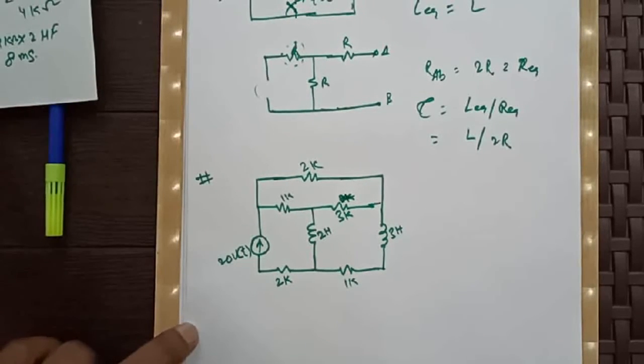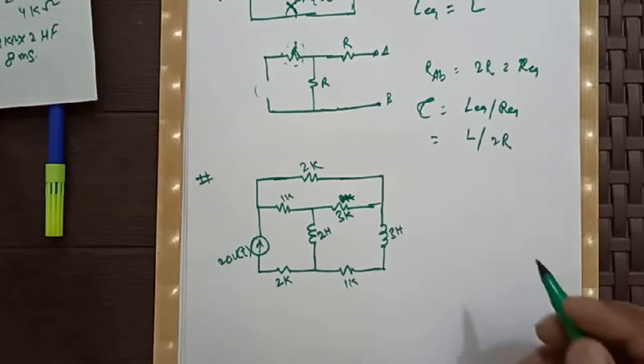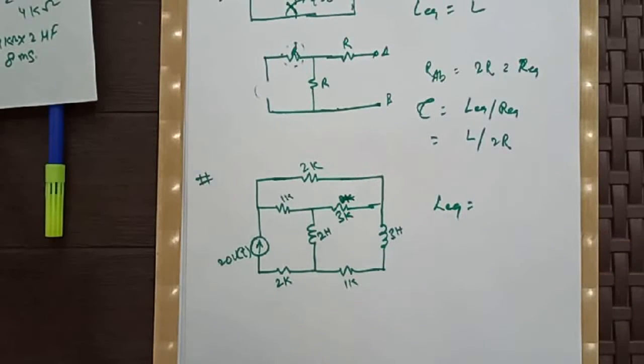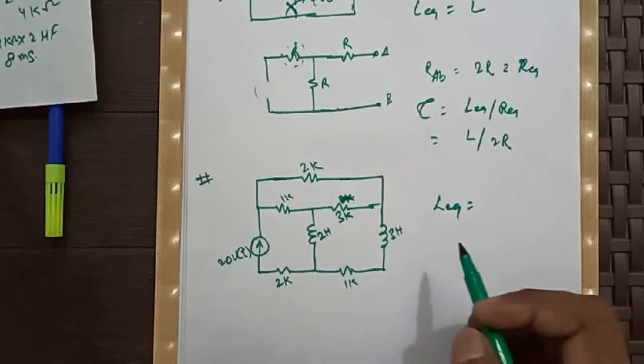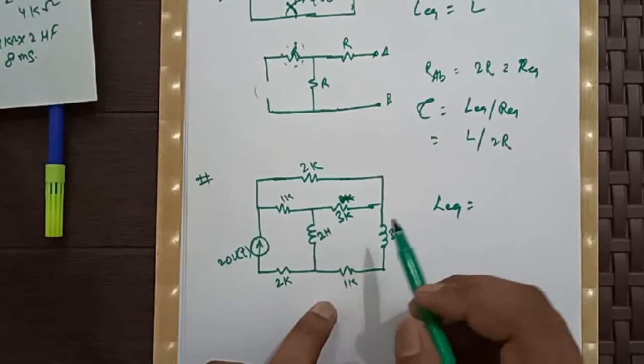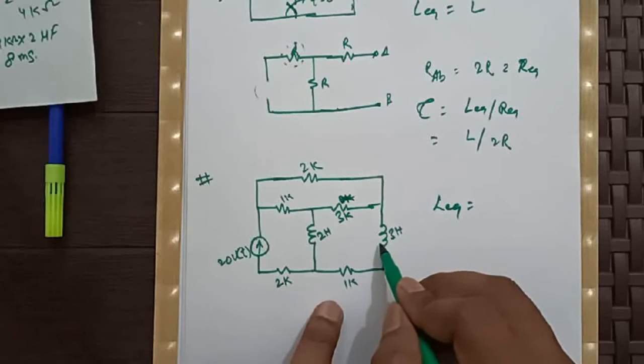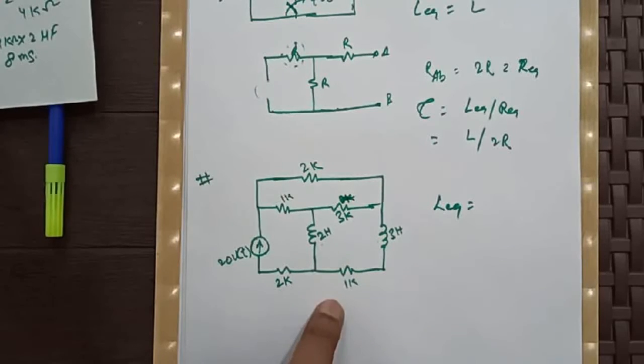Now to find this, what we have to do first? We have to find L equivalent. L equivalent will be what? Now see here, since here two inductors are present, first is this and second is this. Now after seeing this circuit, you may say that this is a second order system. Why?